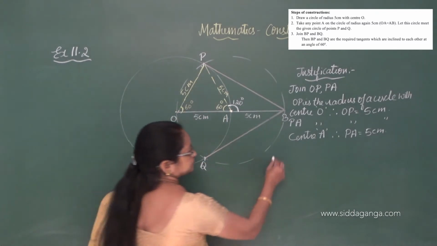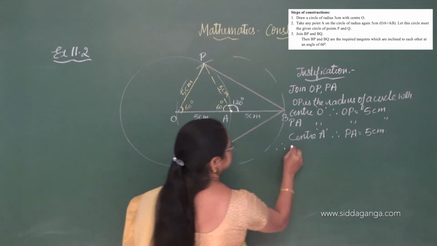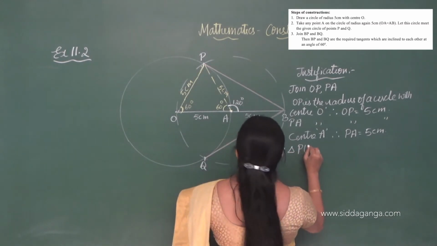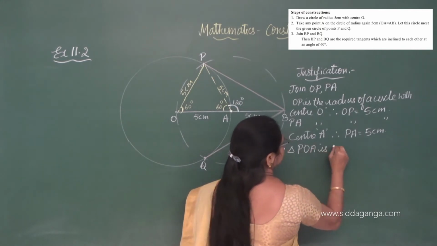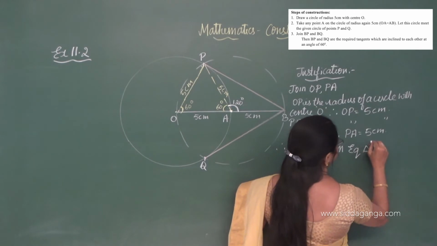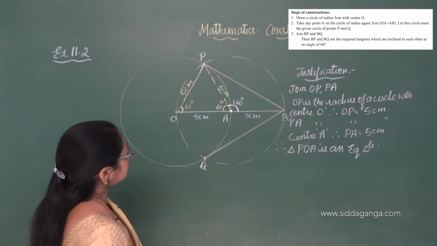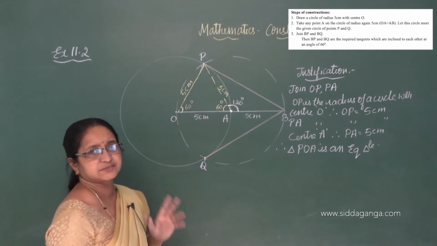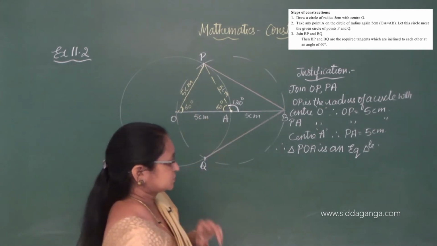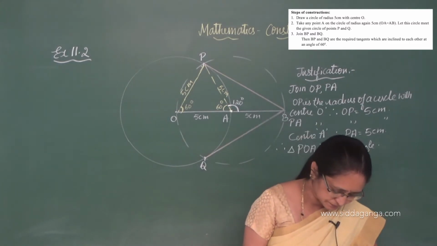Now therefore, can we say that triangle POA is an equilateral triangle? Okay, now because this OA is already the radius, so I need not mention that. So POA is the equilateral triangle.